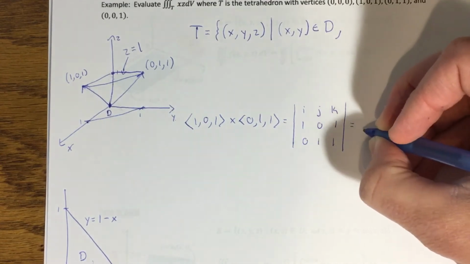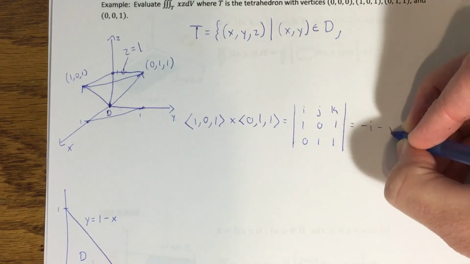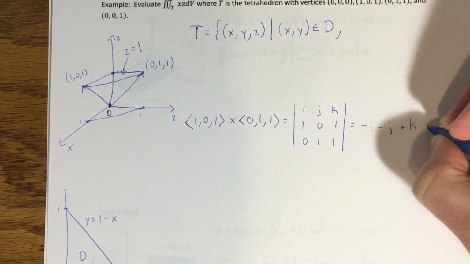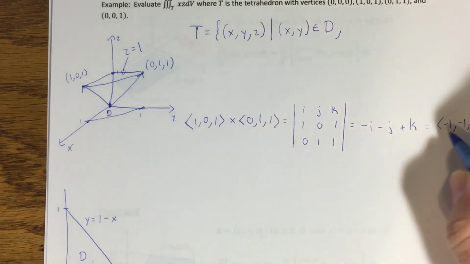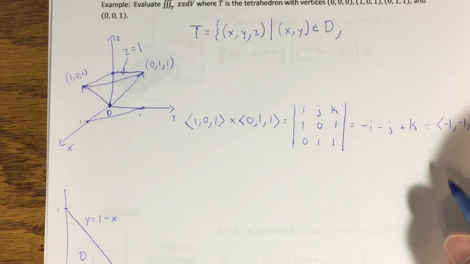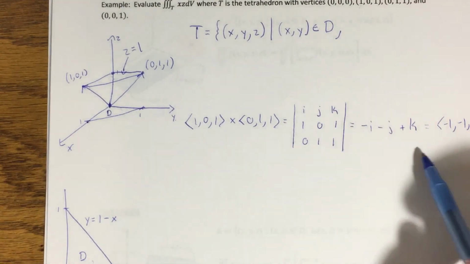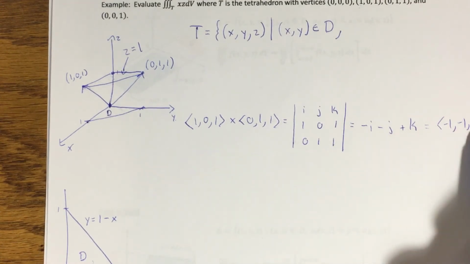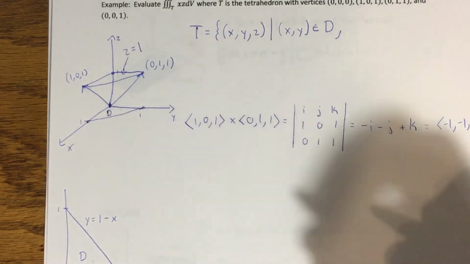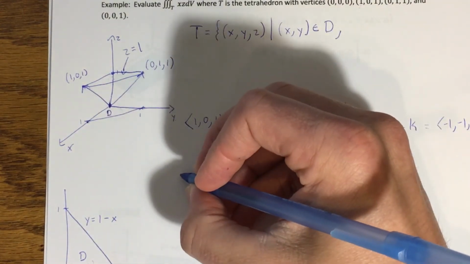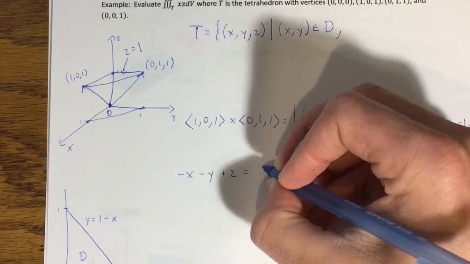Okay, that gives me, if you work this out, negative i minus j plus k, or in component form, negative 1, negative 1, 1. That's the normal vector for my plane. To come up with the equation of this plane, I can use the point normal form for the equation of a plane using this normal vector and the point 0, 0, 0, which I know lies in the plane. And that's going to give me this equation for it: negative x minus y plus z equals 0.